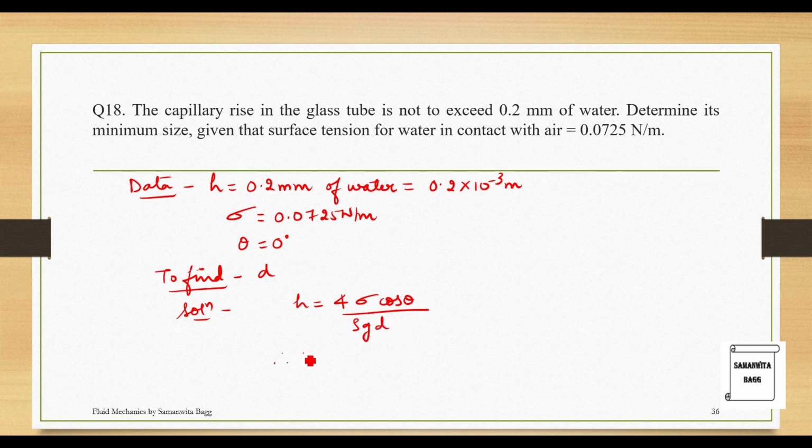Here the value of H, 0.2 into 10 raised to minus 3, is equal to 4 into sigma, which is 0.0725, cos theta has already become 1, upon rho for water is 1000, G is 9.81, and I do not know the value of D. If you solve this, you'll get the value of D as 0.148 meter.